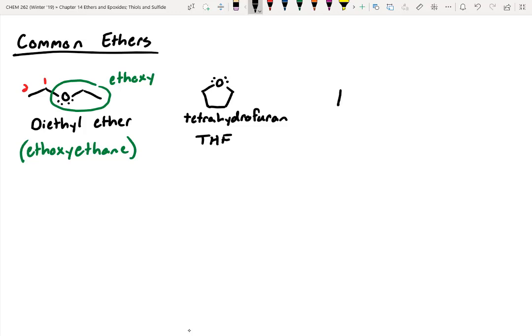All right, there's also one other common one, closely related to THF. This is called 1,4-dioxane. And it's really similar to THF. It's a common solvent. The only benefit to using 1,4-dioxane over THF is it has a much, much higher boiling point.